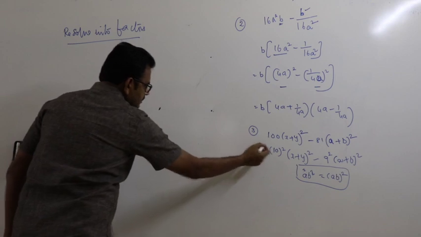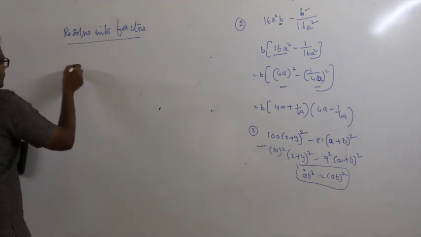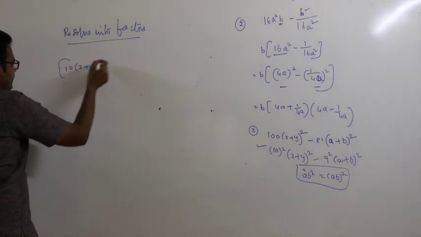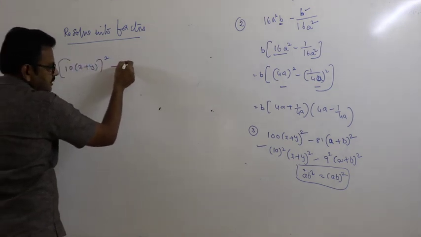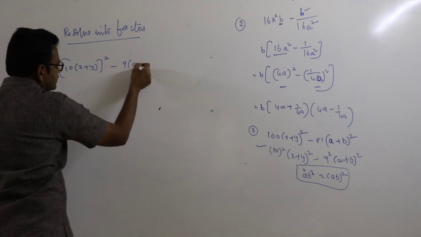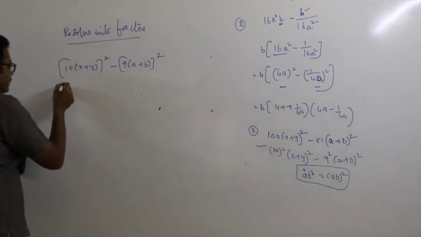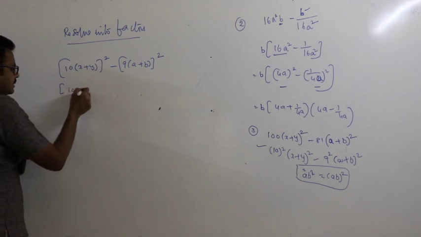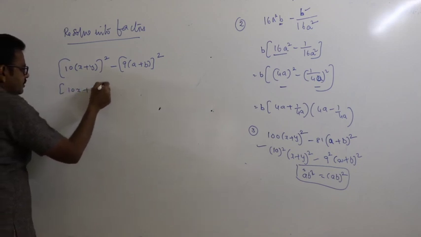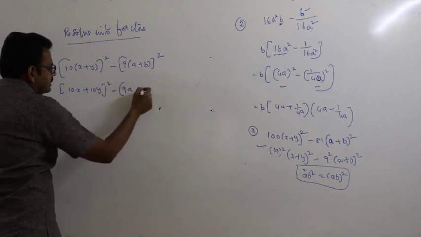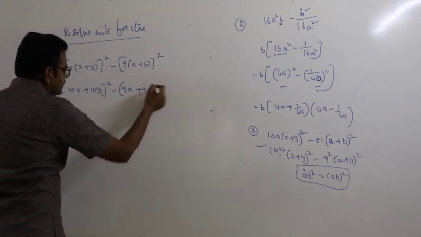Now this is 10 into x plus y whole square minus 9 into a plus b whole square. That is 10x plus 10y whole square minus 9a plus 9b whole square.